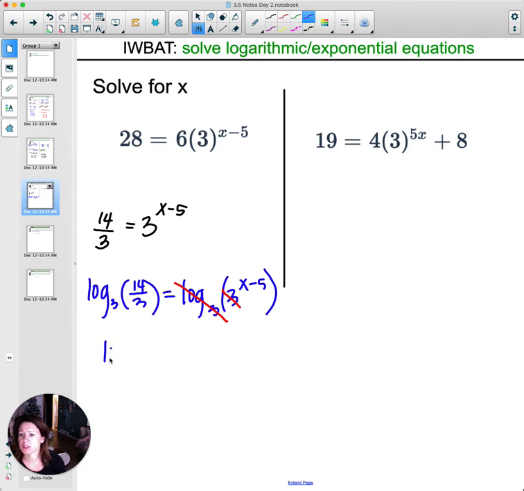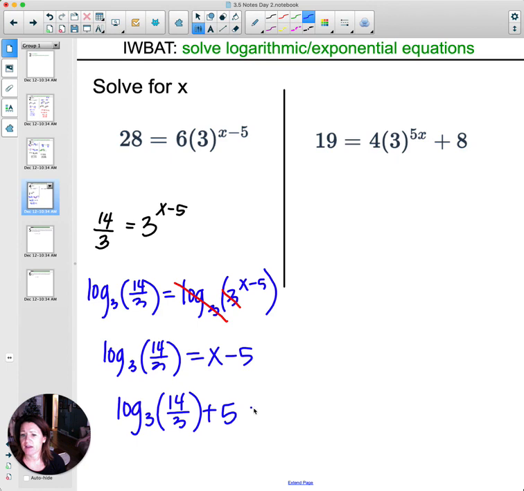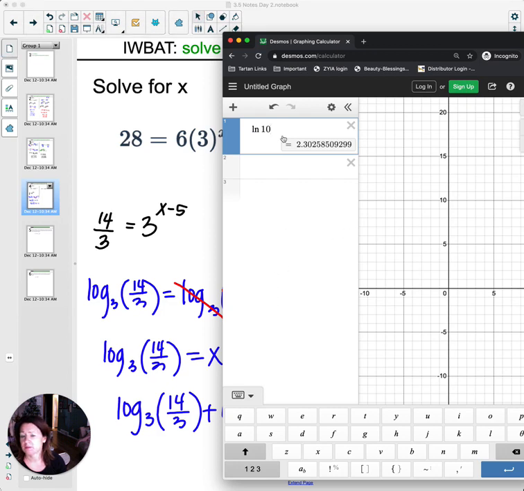So we'll be down to log base 3 of 14 over 3 equals x minus 5. Then we'll just add 5 to both sides. So we'll have log base 3 of 14 over 3, plus 5 equals x. And I would leave it like this until the very end when you go to type it in, so that you keep it in exact form for as long as possible.